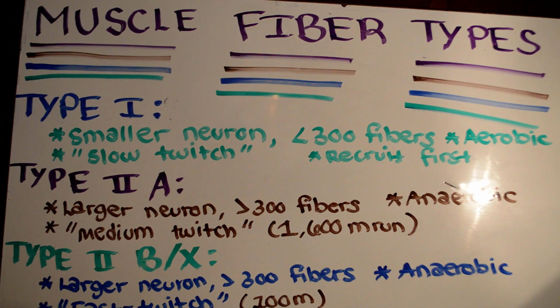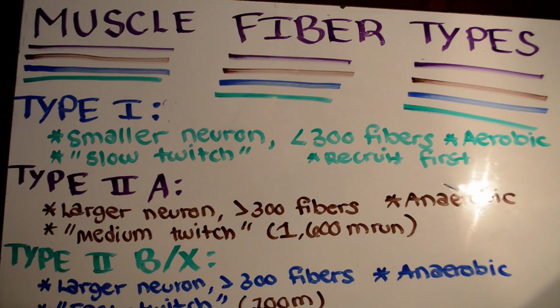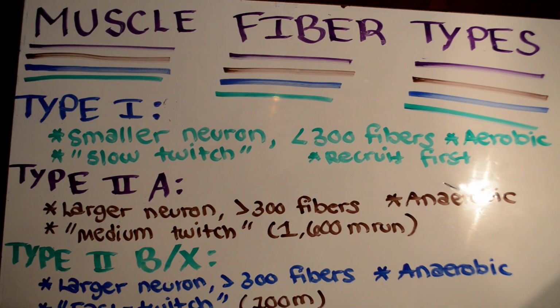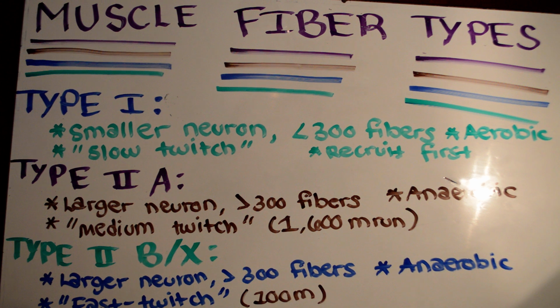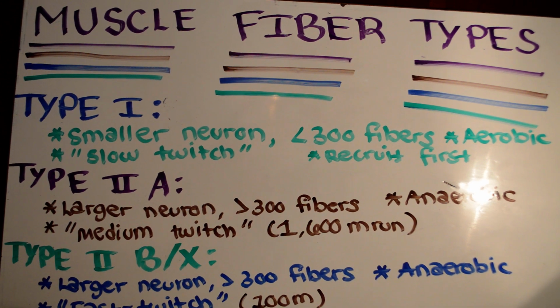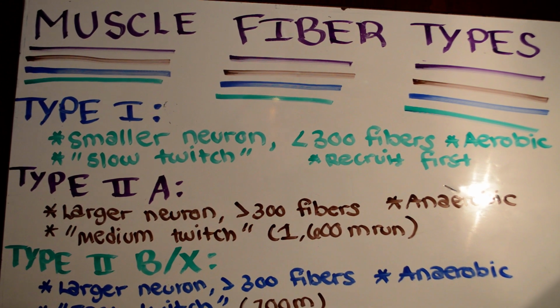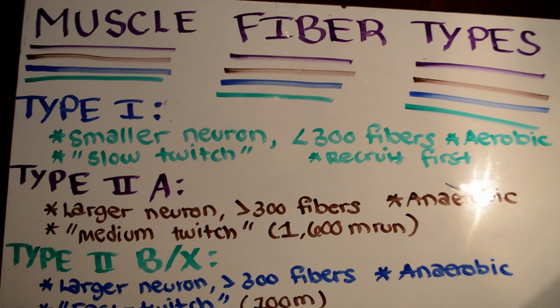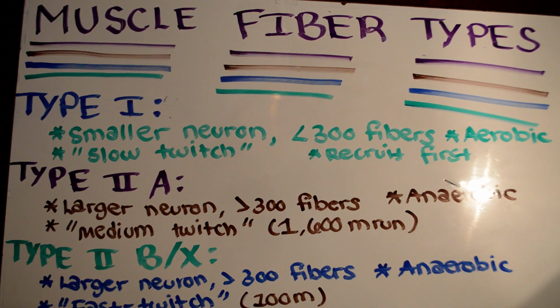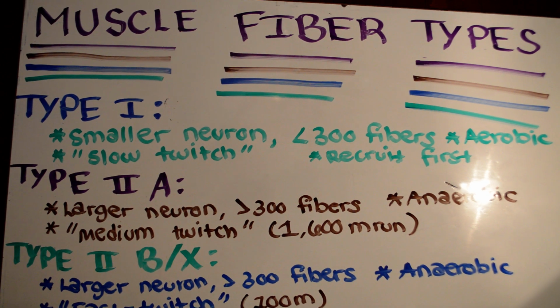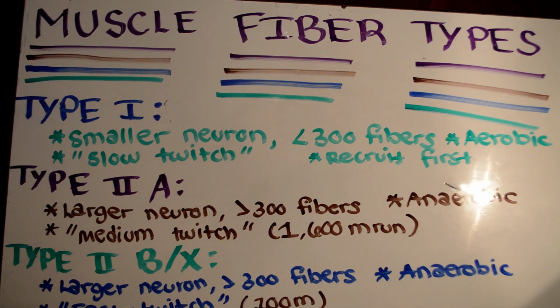They generally have smaller neurons and can innervate usually less than 300 muscle fibers per neuron. They're also subject to aerobic respiration, which basically states that these muscle fibers rely heavily on the usage of oxygen. So that's basically what you'll need to know for the type 1 muscle fibers.